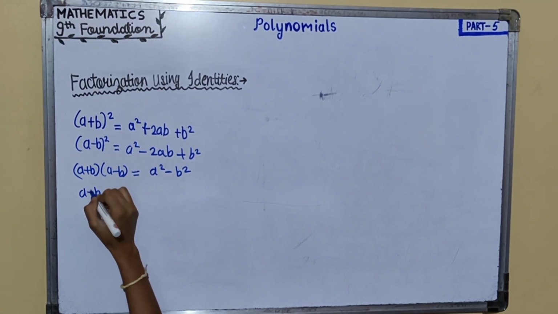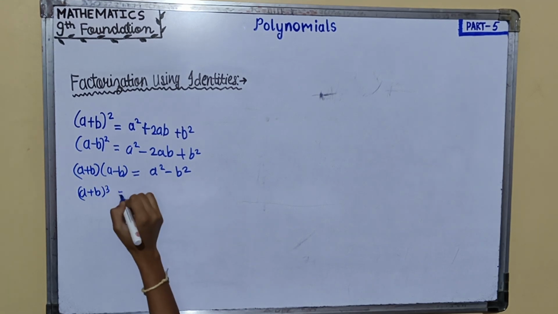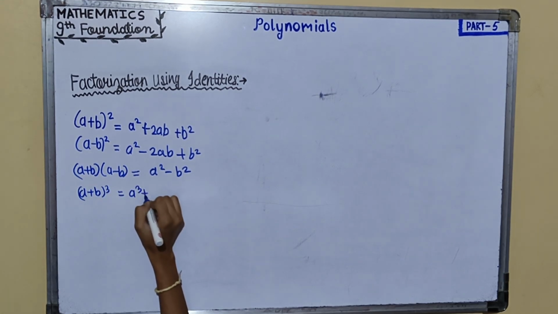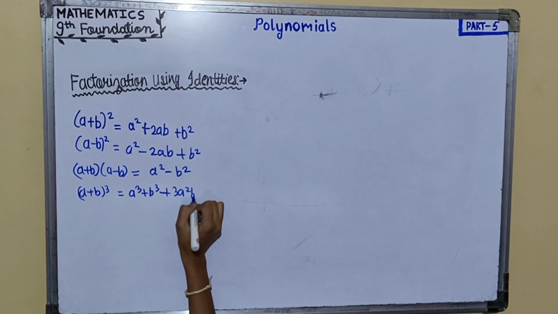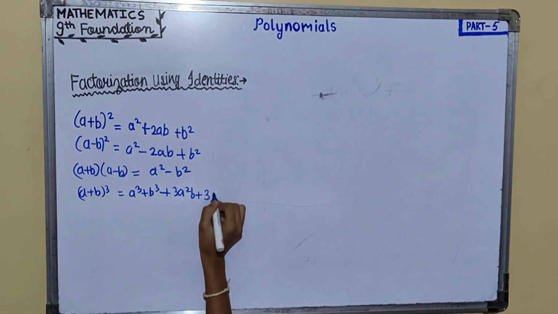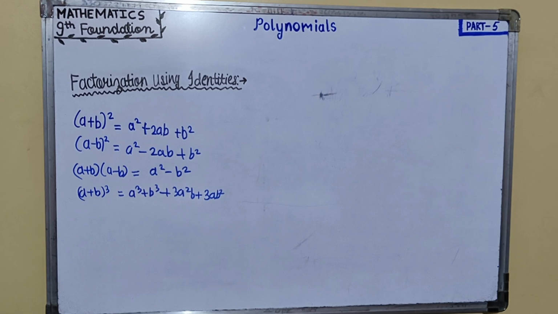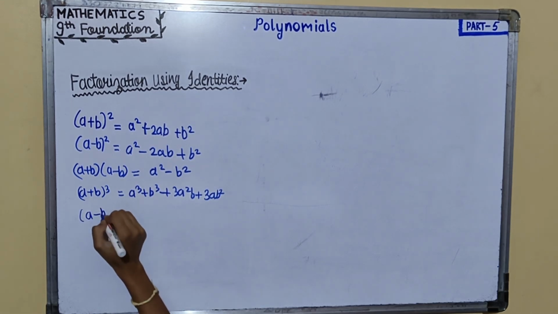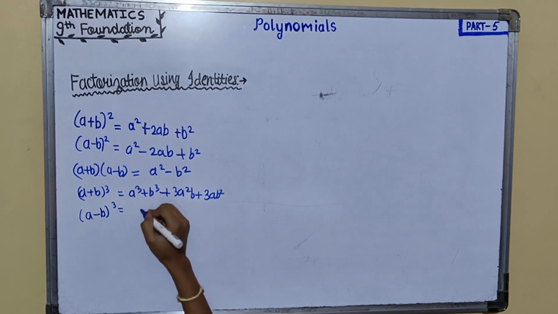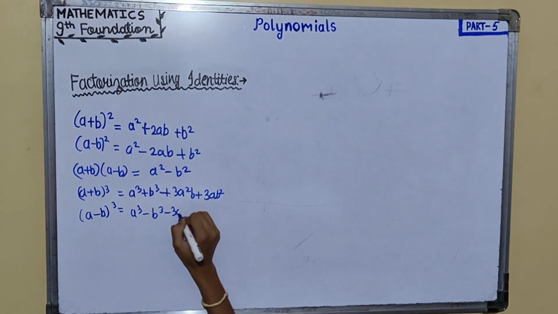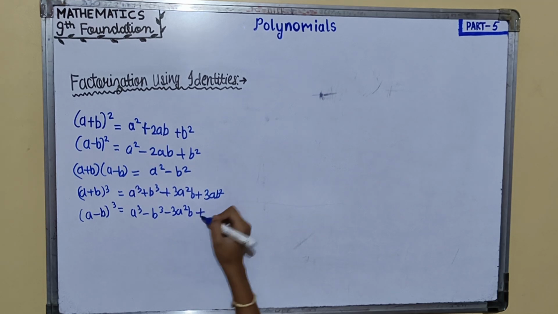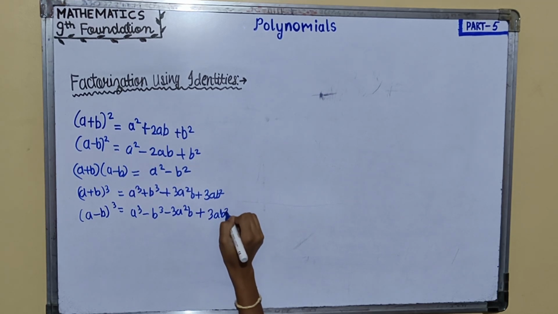A plus b's whole cube is equal to a cube plus b cube plus 3 a square b plus 3ab square. Next is a minus b whole cube, that is equal to a cube minus b cube minus 3a square b plus 3ab square.